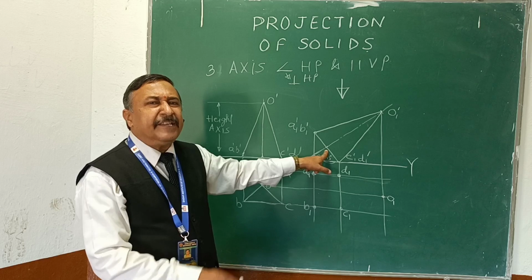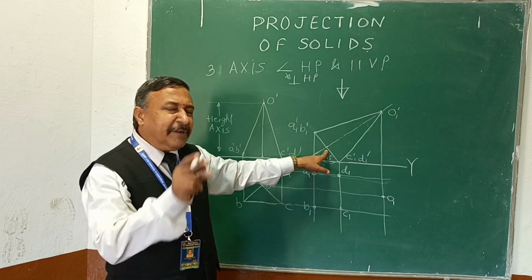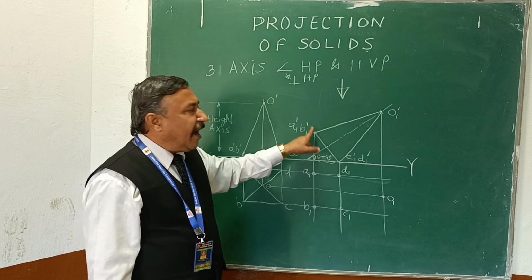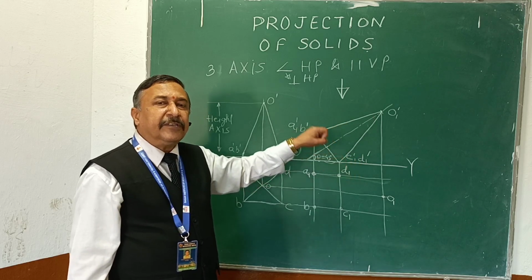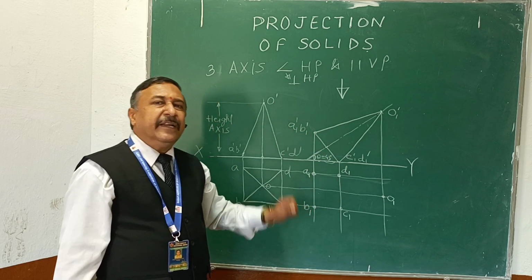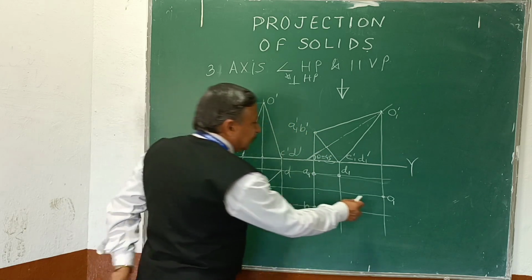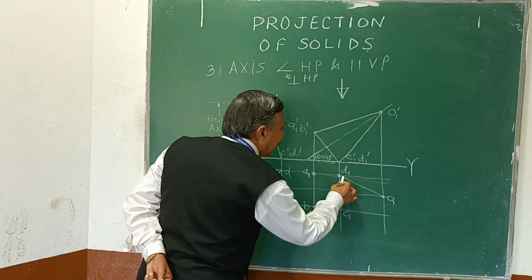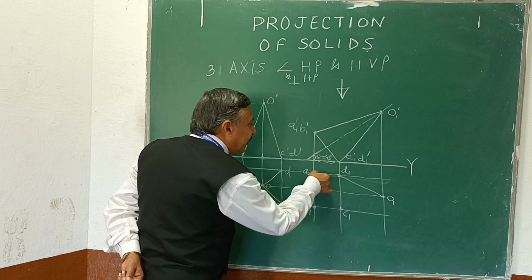So if base is not visible, then what we have to do? Then we have to complete outer lines, because outer lines are always visible in any solid. So we complete outer line. See, this is the outer line. This is outer line.